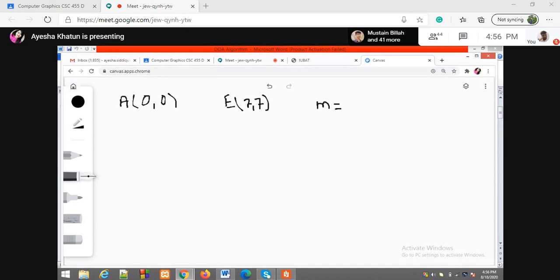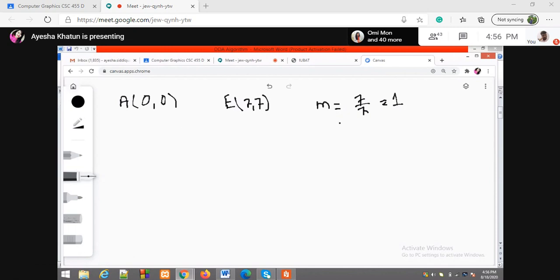Ma'am, 7 minus 0, then 7. Yeah, 7 minus 0, so we'll have 7 by 7, that means 1. So what we know, if the slope is 1, both of them will be incremented by 1, right?